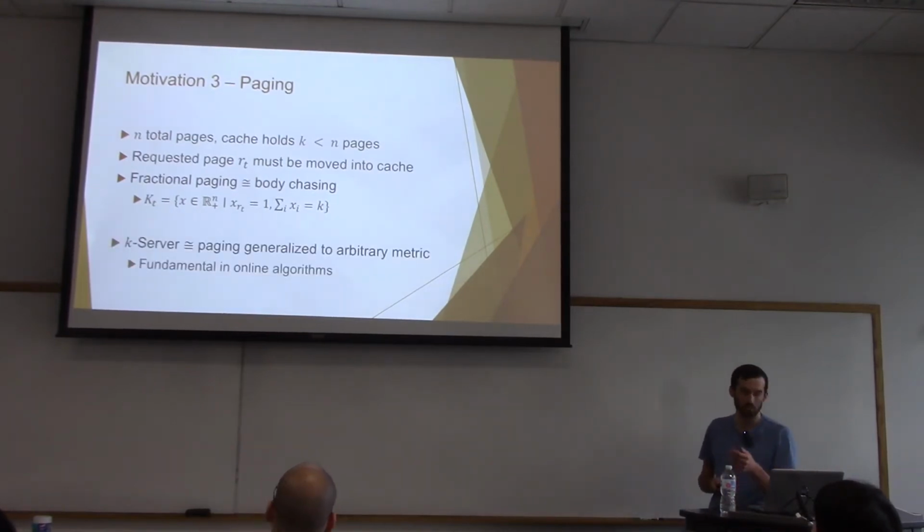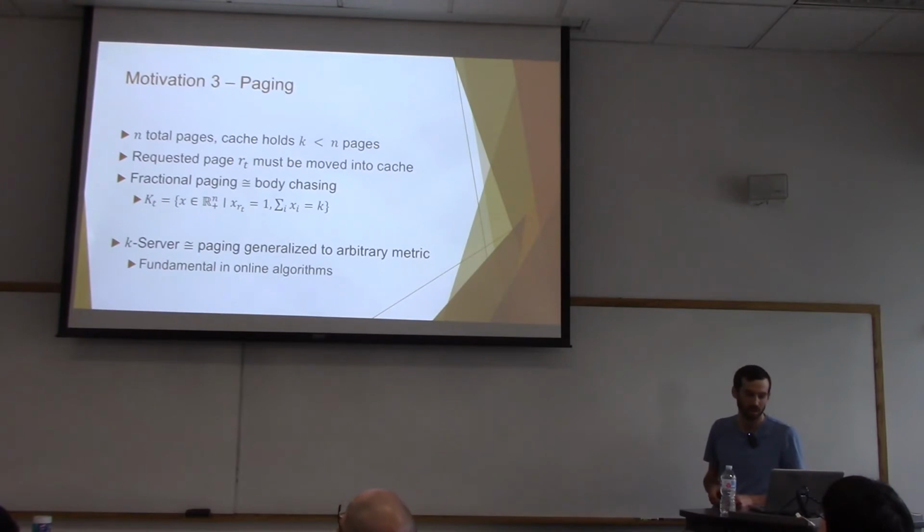And the paging problem generalizes to the k-server problem, which can be thought of as doing paging where, rather than working on uniformly distant pages, you have an arbitrary metric space. And this itself is also a fundamental problem in the online algorithms world.